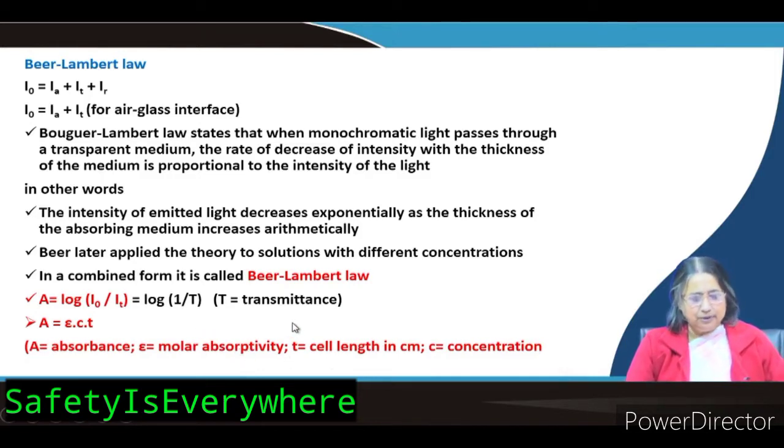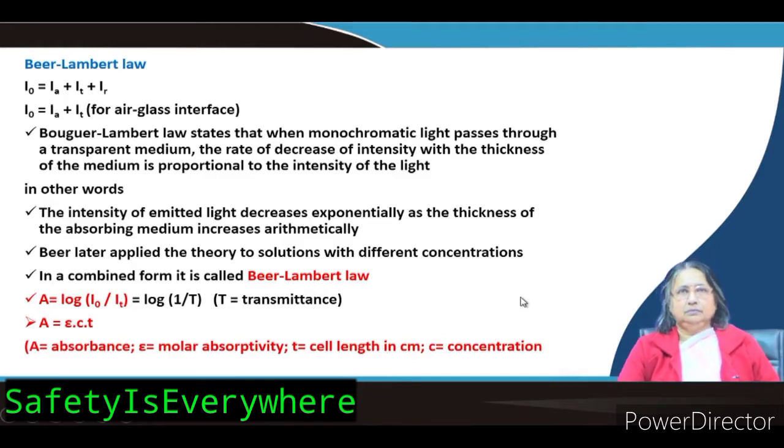Now, in the spectrophotometer we apply this principle, and in most spectrophotometers this T is 1, the cell length, the path length, the thickness of the cell that we use, okay.